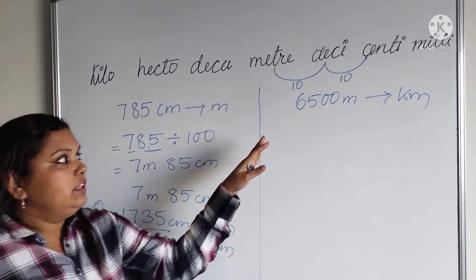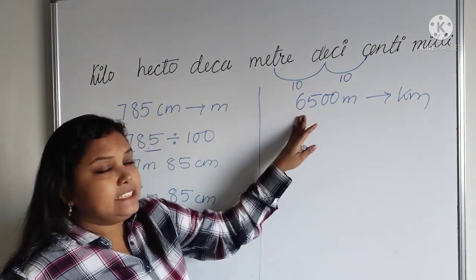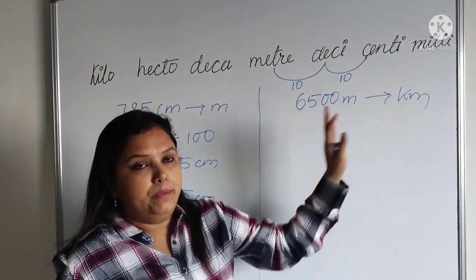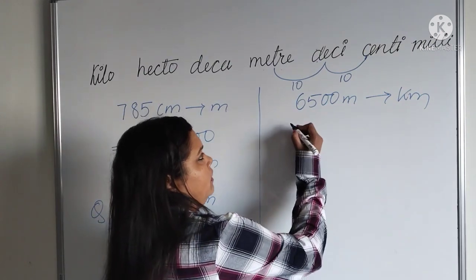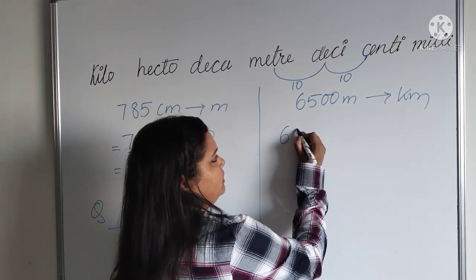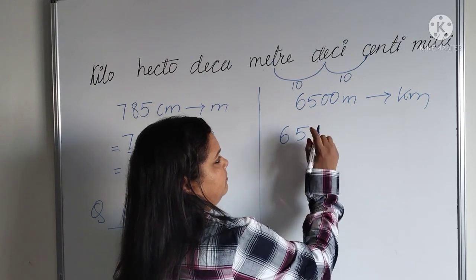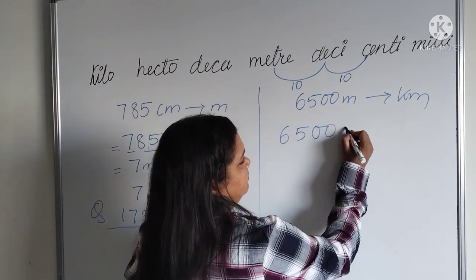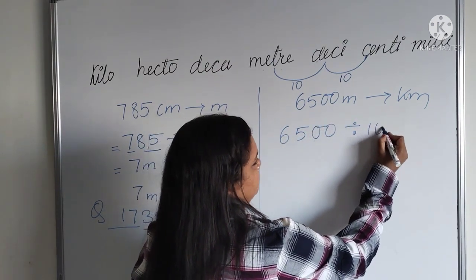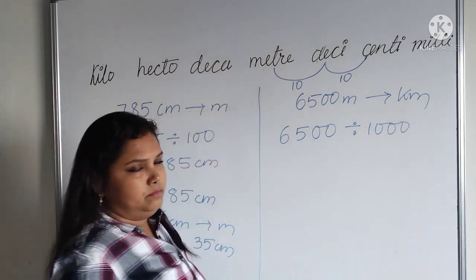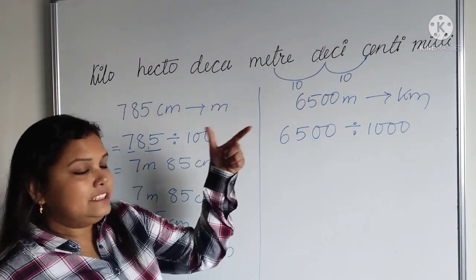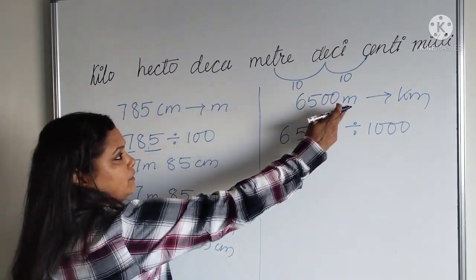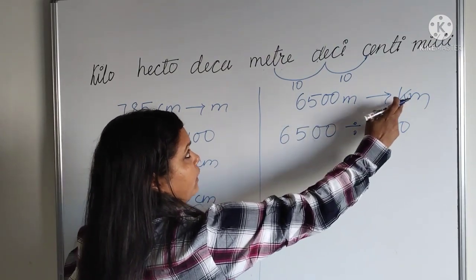Okay. Now the next question is 6500 meter to kilometer. Now what we have to do? We have to divide it by 1000. But why 1000? Now let's check. This is meter and we have to move to kilometer.